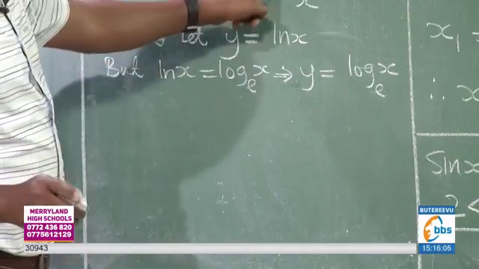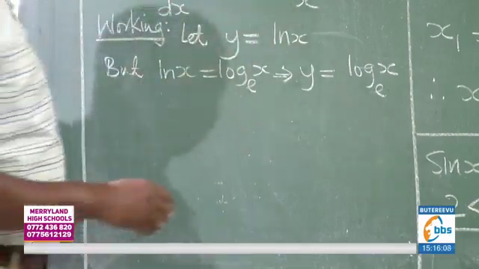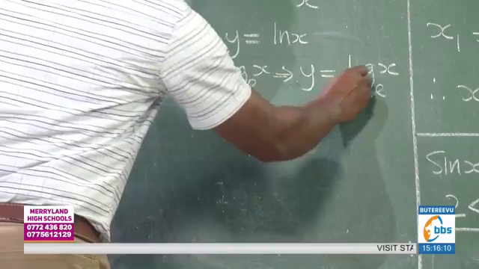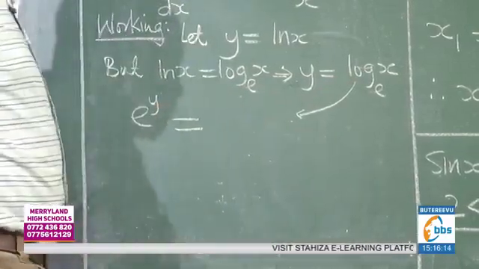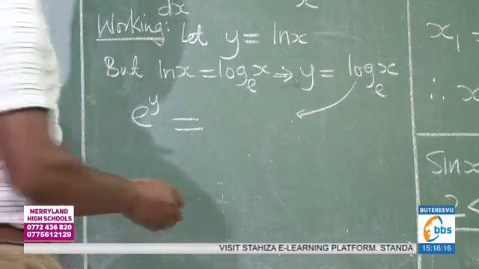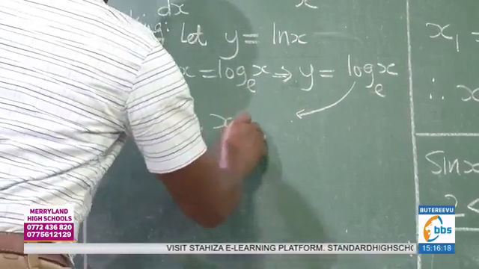We want to show how we get 1 over x. This is further written as e to the y, using the laws of logarithms, is equal to x.